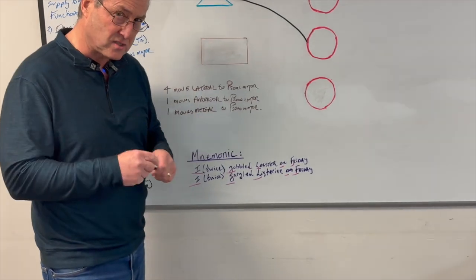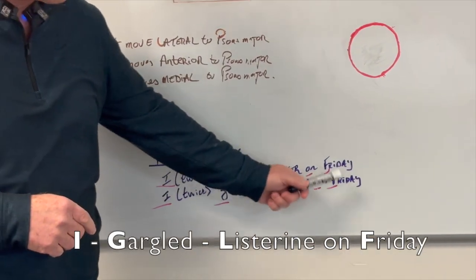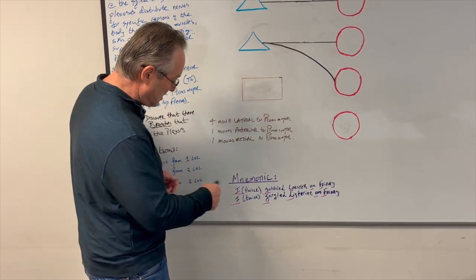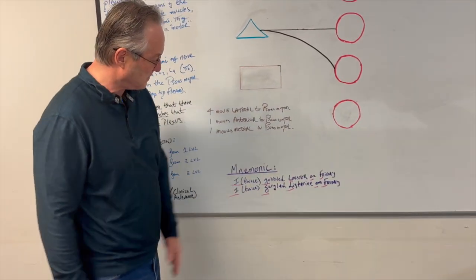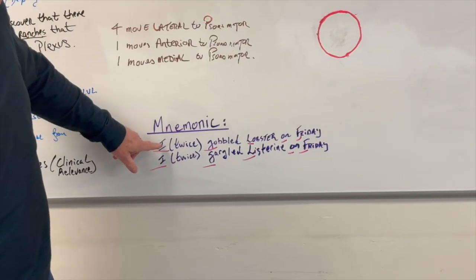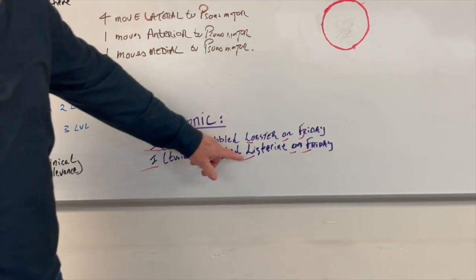And if you're going to see patients after you gobble that, you might want to twice gargle Listerine on Friday. I know it's a silly little mnemonic, but the thing is, you have the I twice, the G, the L, the O, and the F, and that's important. So, nice little way to memorize: I twice gobbled lobster on Friday, or you can say I twice gargled Listerine on Friday.